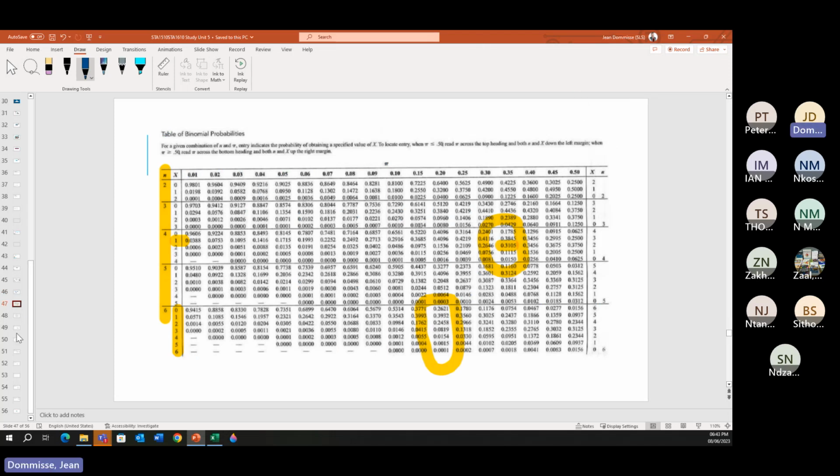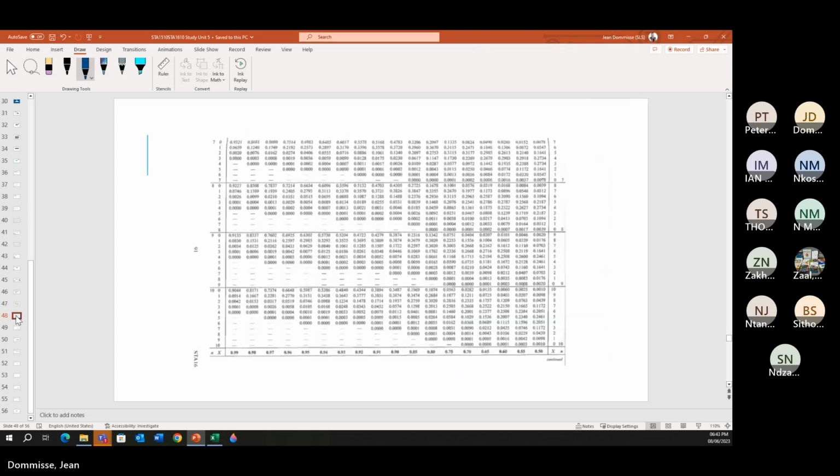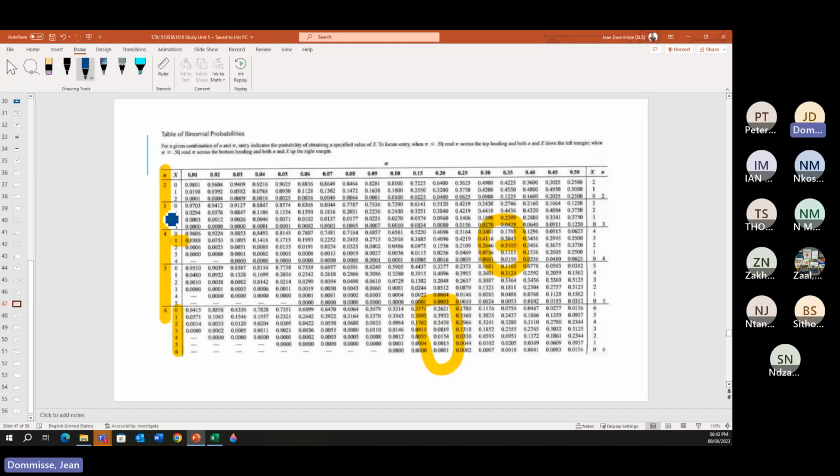What I included here is just so that you see how the tables read. So when we get the pi, anything up until, so let's just say smaller or equal to 0.5, we use this top part.